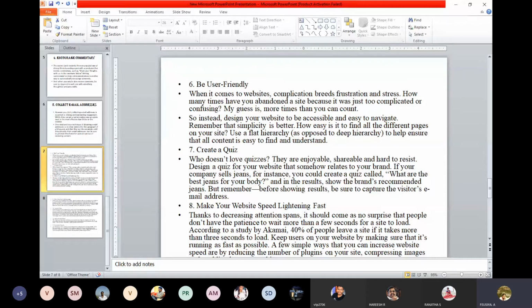Okay, so next is make your website speed lightning fast. What is meant by this term? Just imagine that you are entering a website and there are some pages or videos.